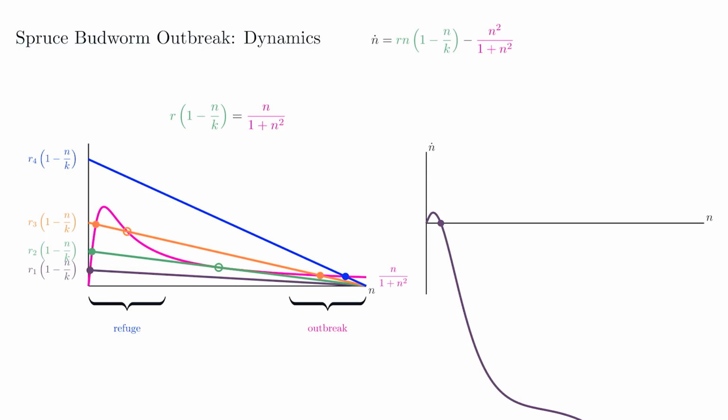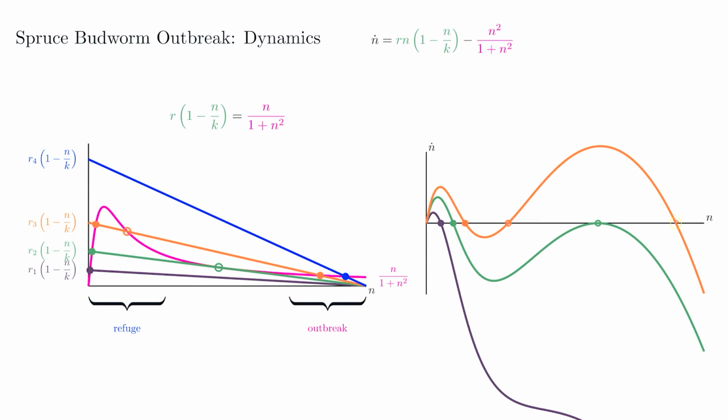As we increase R, the function starts with a higher slope, and now this hump barely kisses the x-axis. And as we increase R still further, corresponding to the orange curve, we have a situation where we have 3 fixed points. This is the stable fixed point, this is the unstable fixed point, this is the stable fixed point, and that's what we see in the orange curve intersecting the curve n/(1 + n²) on the left.